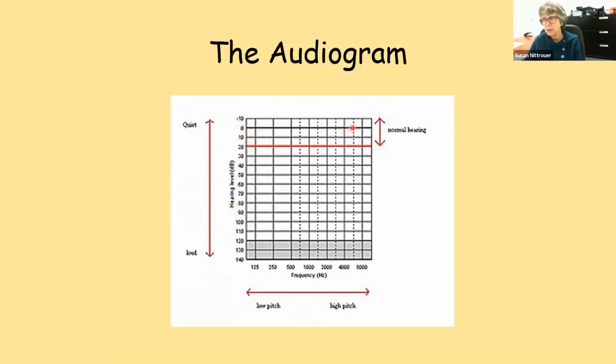And 0 dB represents the quietest sound that a typical human can recognize at each of these frequencies. Okay, so again, in terms of sound pressure level, 0 dB hearing level is a different value at each frequency. Okay, so this is the basic audiogram.